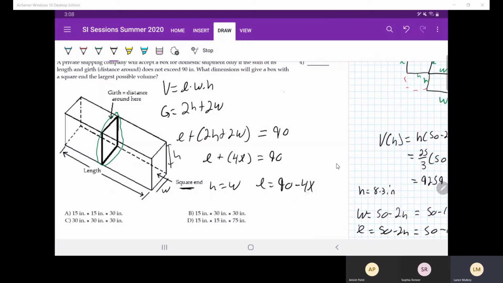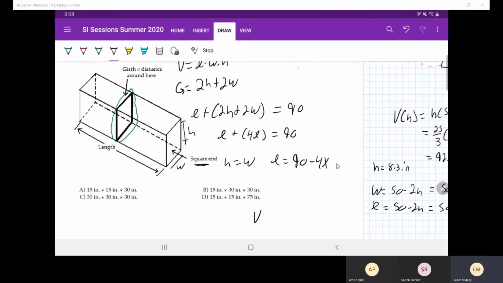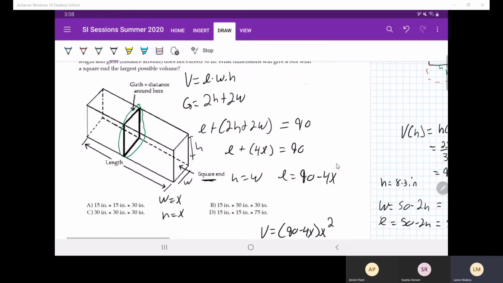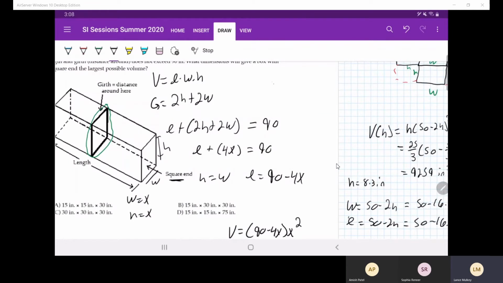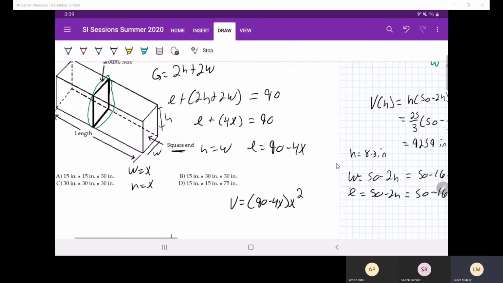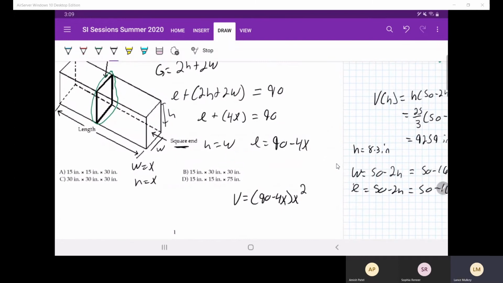All right. So now we go to our volume equation. Volume equals 90 minus 4x times x squared, since w equals x and h equals x. Y'all see what I did there? Okay. So now you have a function in terms of x that we're all used to and love.